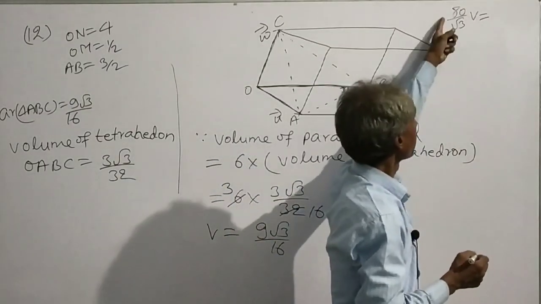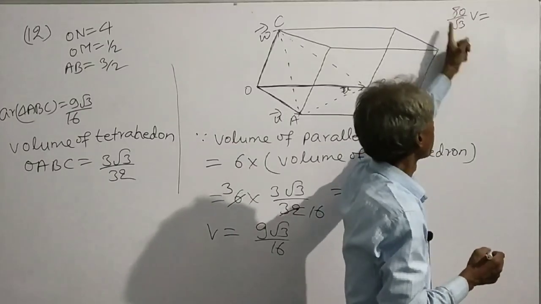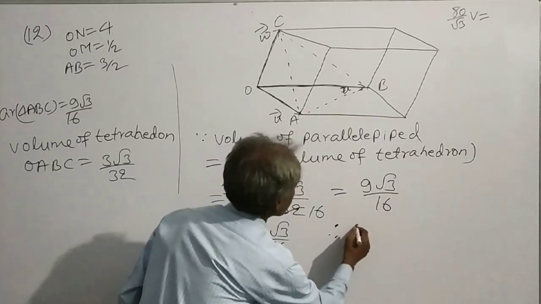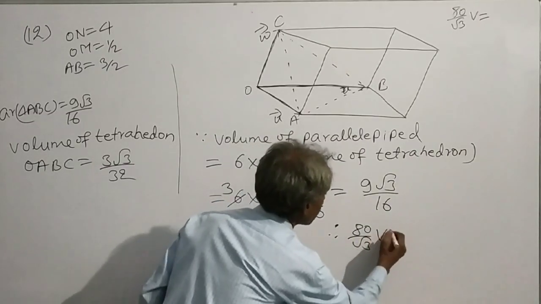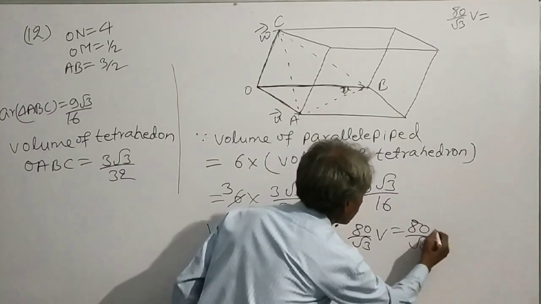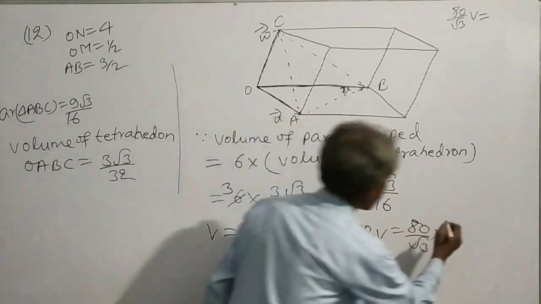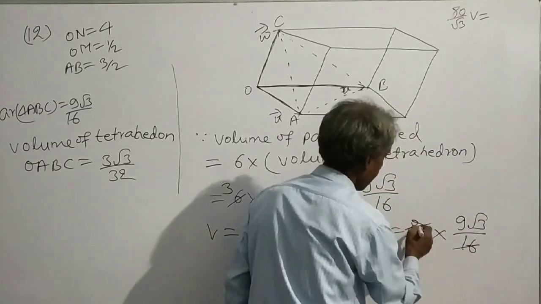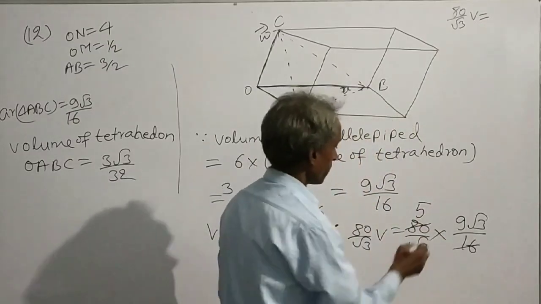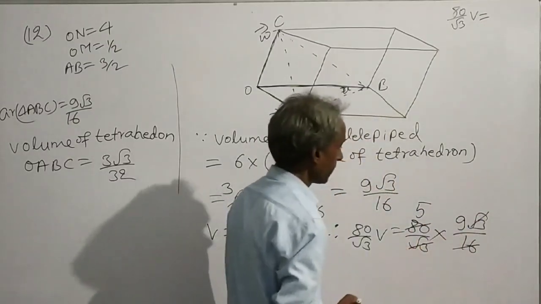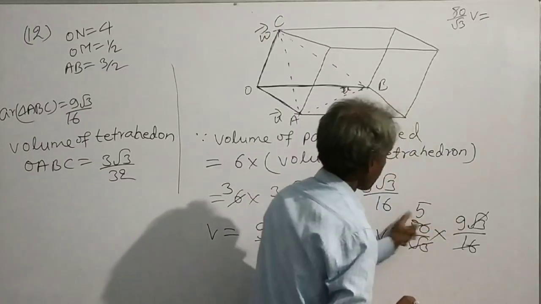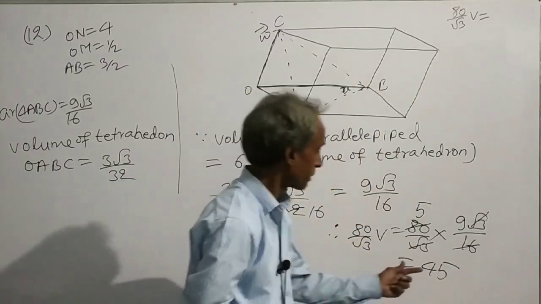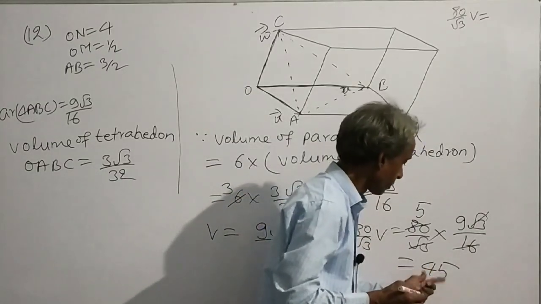We have to find the value of 80 by root 3 V. Therefore, 80 by root 3 V is equal to 80 by root 3 times 9 root 3 by 16. This root 3 will be cancelled out. 9 times 5 will be equal to 45. This is the answer of this question, 45.